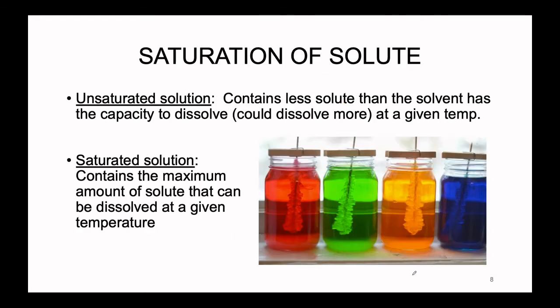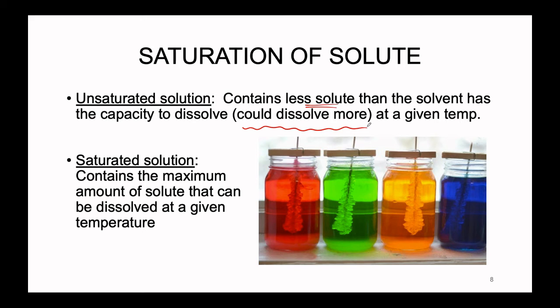All right, so there are different degrees to which we can saturate a solution. By technical definition, an unsaturated solution is one that contains less solute than the solvent has the capacity to dissolve. In other words, you could always dissolve more of that given solute, and again, at some given temperature. And we'll talk about the temperature dependence of solubility in a hot second, but first we're just going to assume we're at a constant temperature.